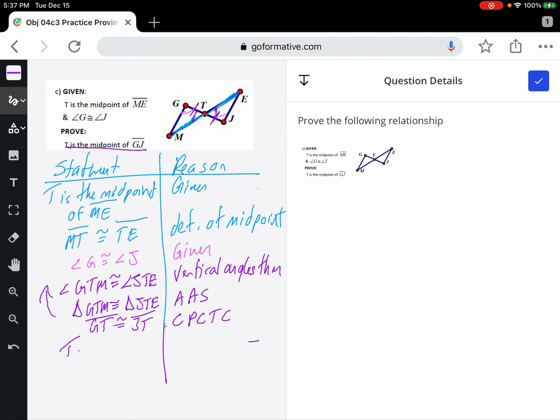Knowing that, then I know that T is the midpoint of GJ, by definition of a midpoint.